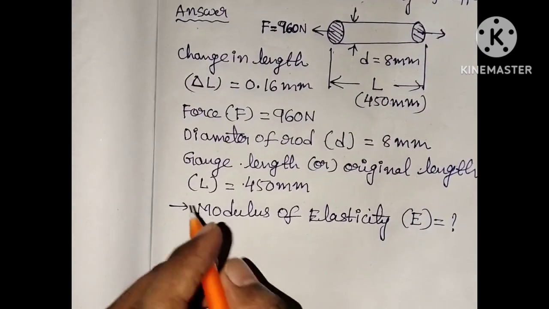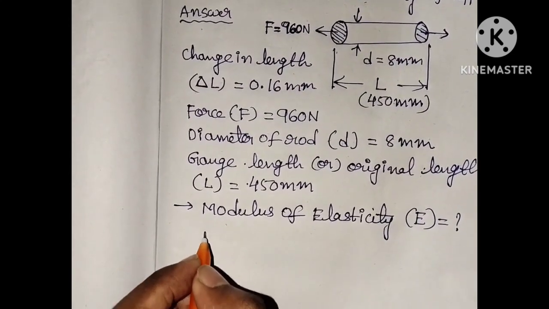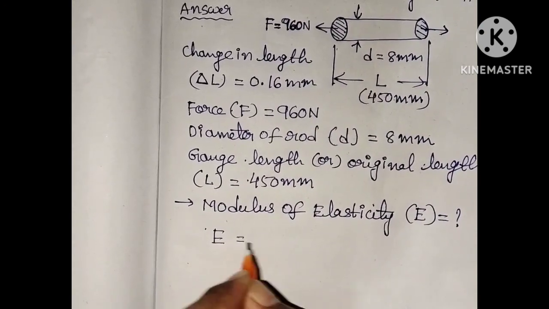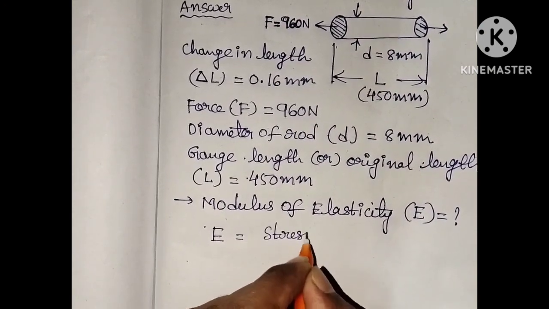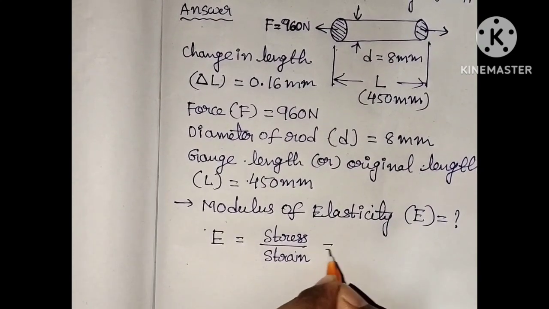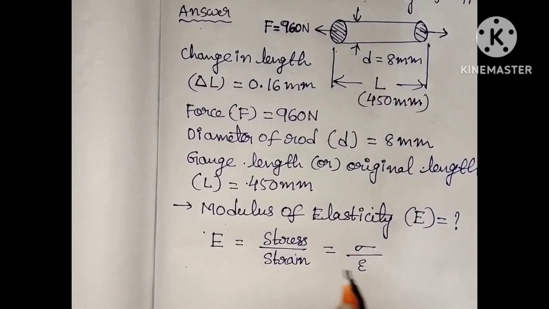We know that according to Hooke's law, in stress-strain relations, Young's modulus or modulus of elasticity E is equal to stress by strain. Stress is denoted by sigma, strain by epsilon.